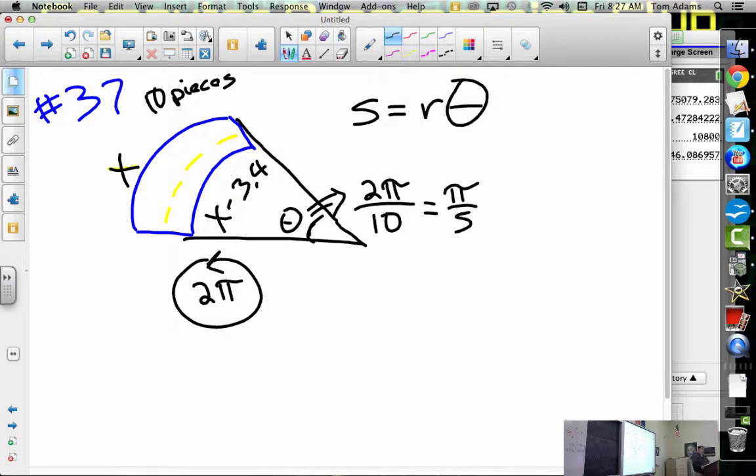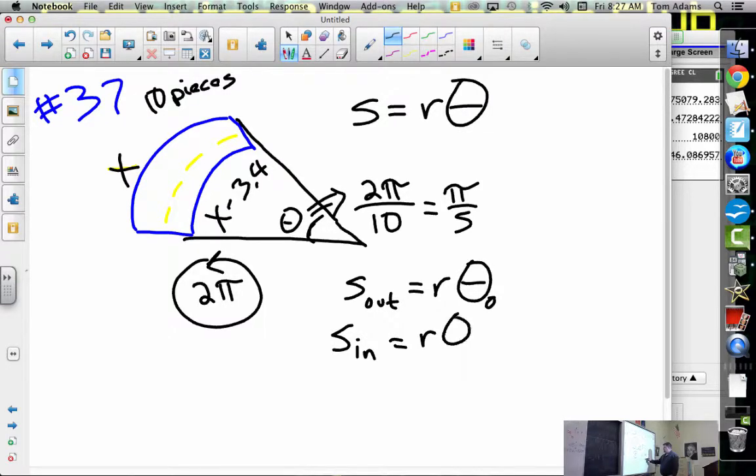Basically, we need to figure out what this length is. We need to solve for x. So I have two equations. S out is equal to the radius times theta. And then I have the arc length of the inside track, which is equal to the same radius and the same theta.